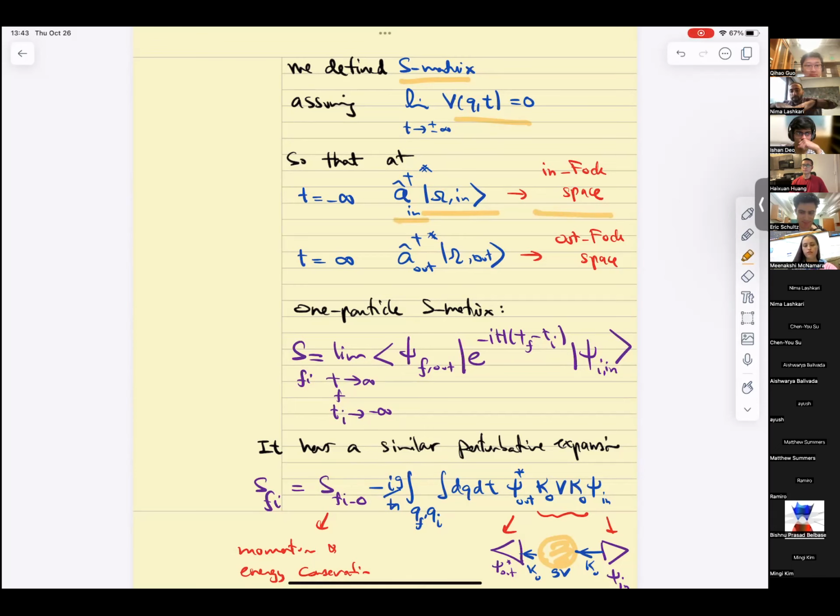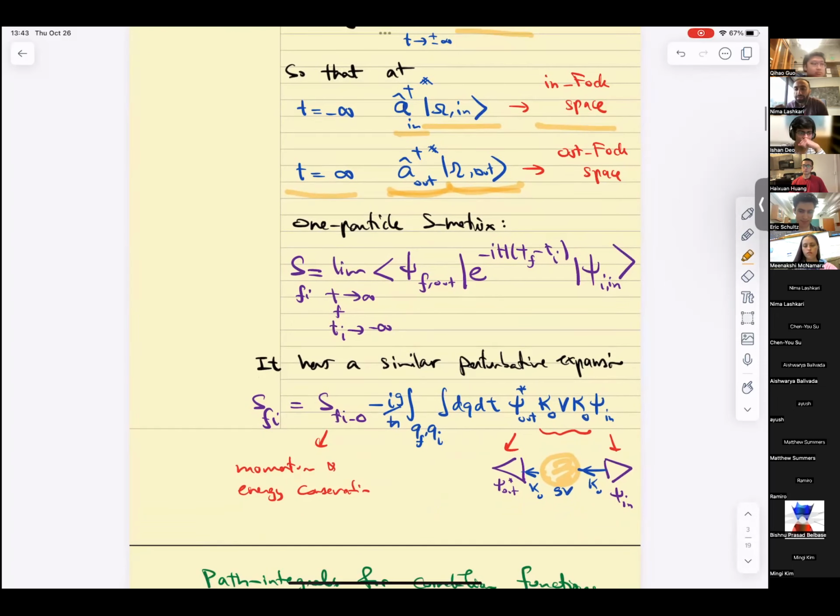All of this is occurring in the Hilbert space at minus infinity in time. Now you do the similar thing at plus infinity in time. You get a Fock space with a vacuum out, and creation and annihilation operators that create and annihilate out particles.